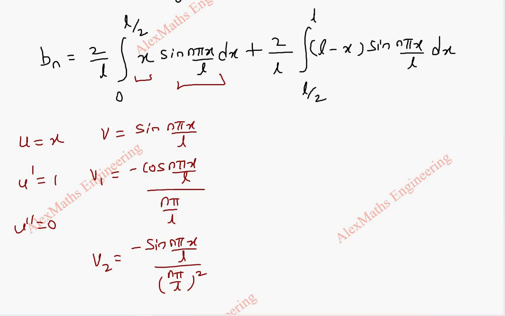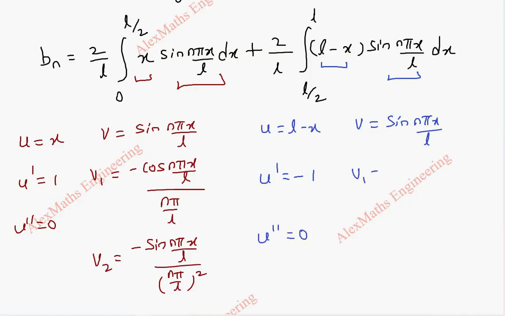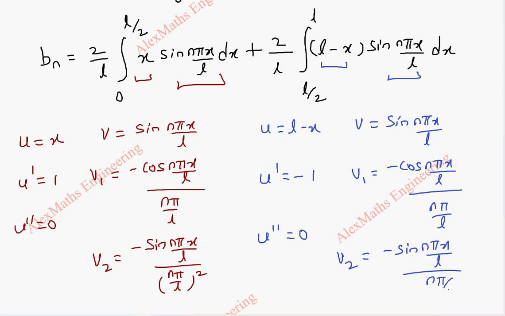In the same way, this is u and this is v in the second set of terms. So u is L minus x and v is sin n pi x by L. So u dash is minus 1 and u double dash will be 0 and v1 will be minus cos n pi x by L by n pi by L, and v2 will be minus sin n pi x by L by n pi by L whole square.